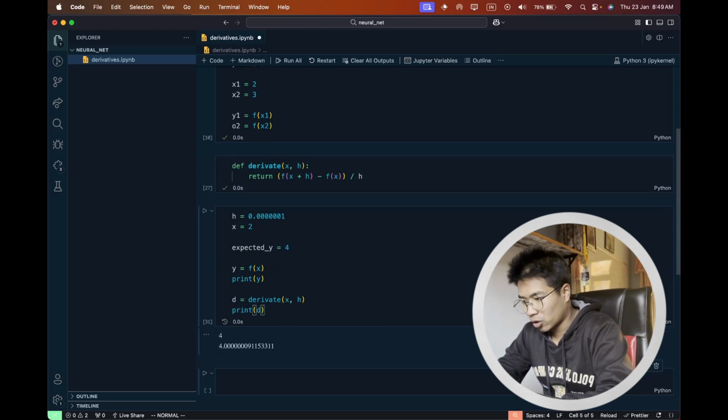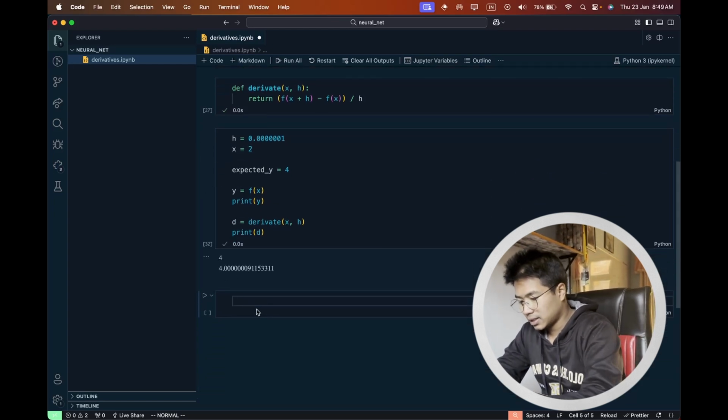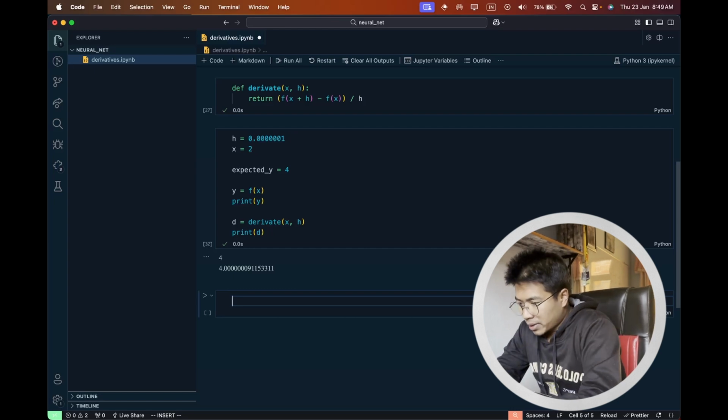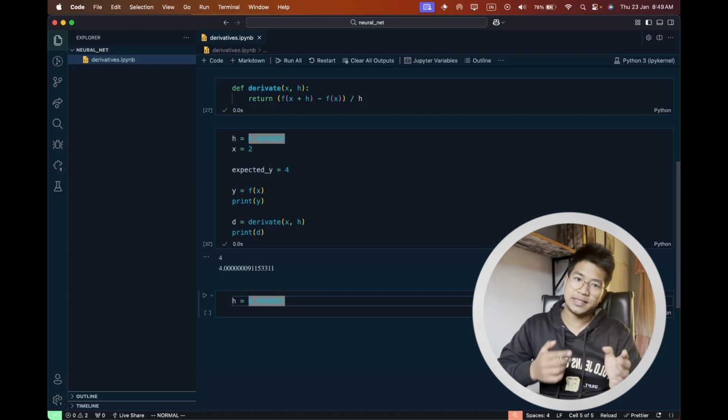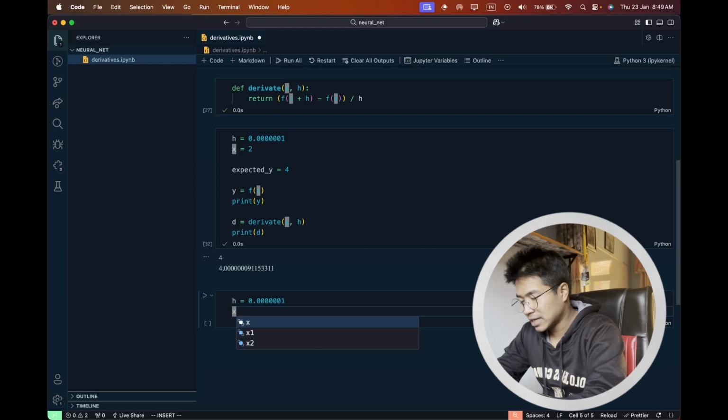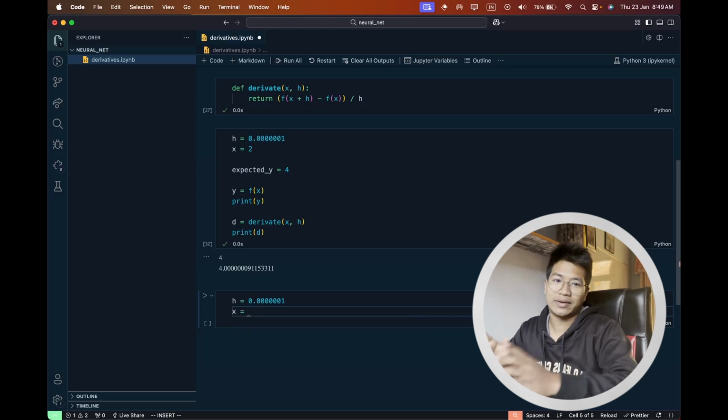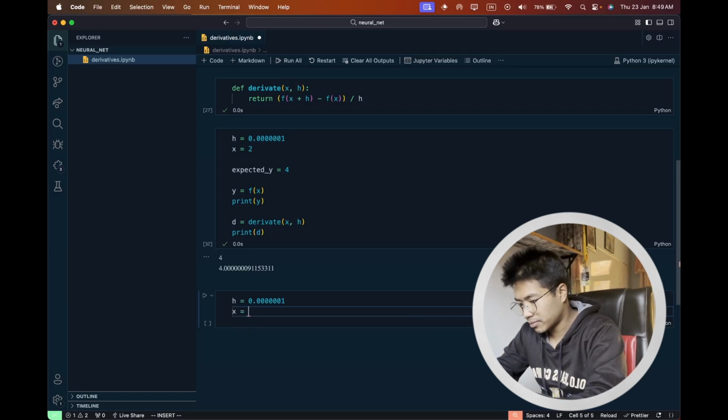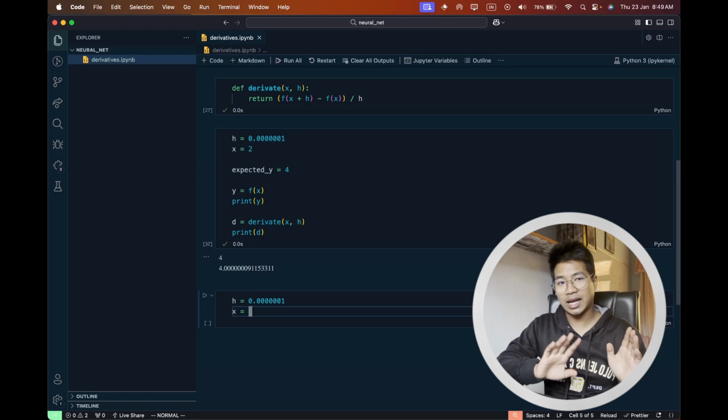So let's see how the automation of that process would look. If I wanted to automate my process, then over here, 0.00001, the value for h didn't really change. My starting x value was a random number, so I could use a random number, or I could just assign it as a 1.